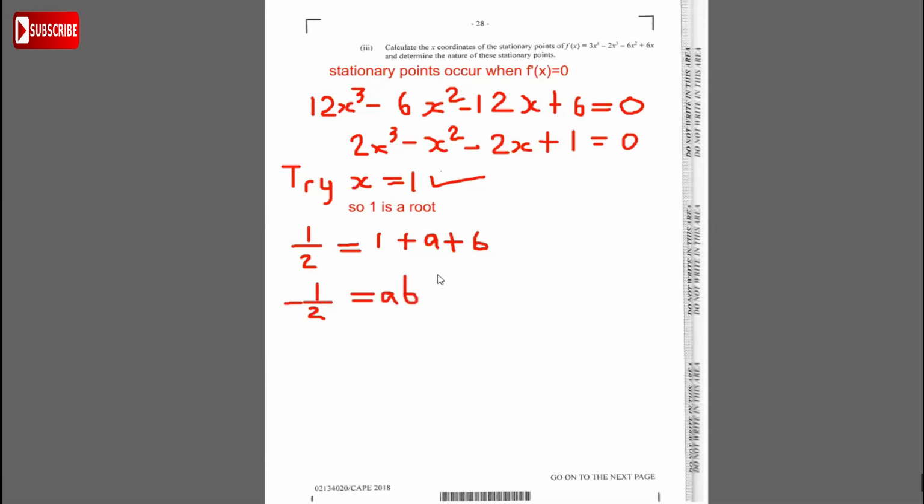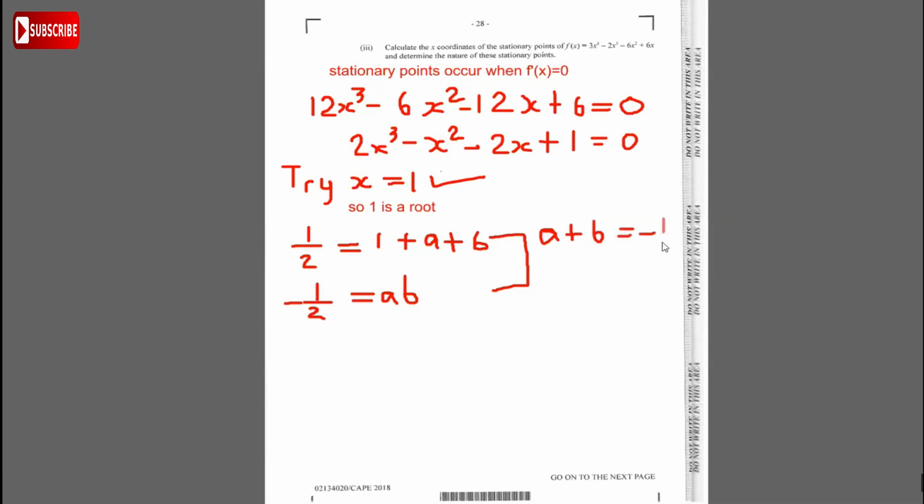So from these 2 equations, I'm going to solve them simultaneously. From the first equation, I'm going to carry over the 1, and so I'm getting a plus b is equal to a half minus 1, which is minus a half.